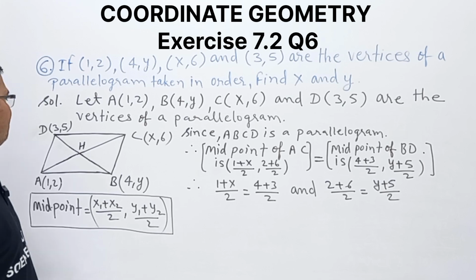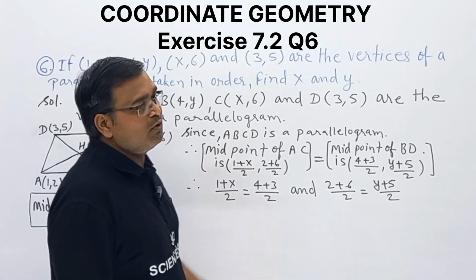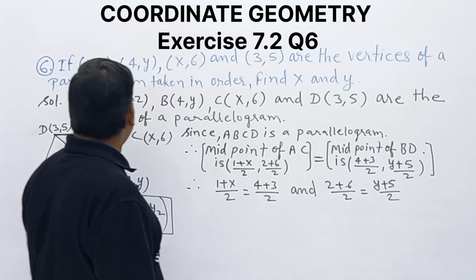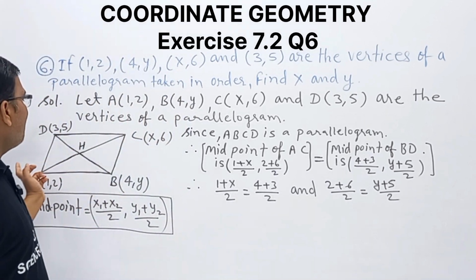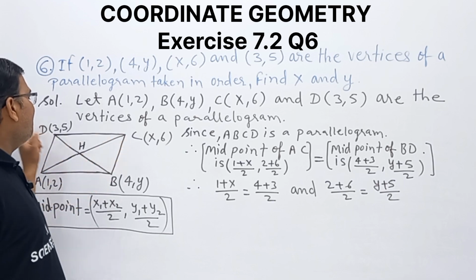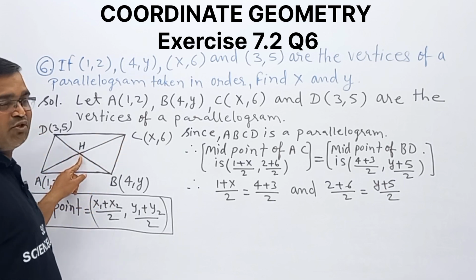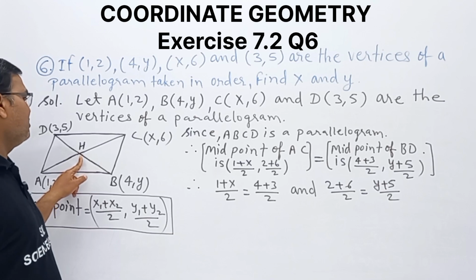So we assumed these points, since ABCD is a parallelogram, and in a parallelogram the diagonals bisect each other. AC and BD are diagonals and they bisect at a point H. Clear?